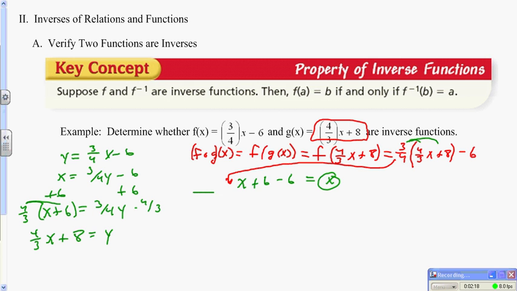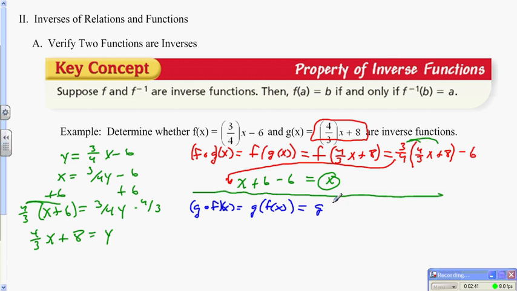Now if we did the opposite composite, because we said order mattered, in this case now I would do g composite f of x, which is equal to g of f of x, which is equal to g of, and f of x is 3/4 x minus 6.